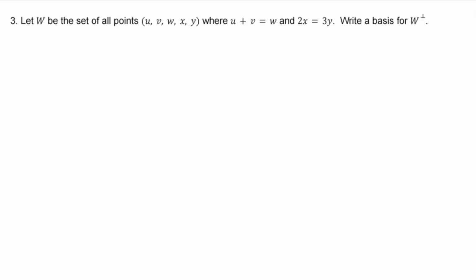Okay, so I think I'm going to start by writing a basis for W and then just use the recipe that we talked about in class. W and X are my dependent variables, so U, V, and Y are my independent variables.